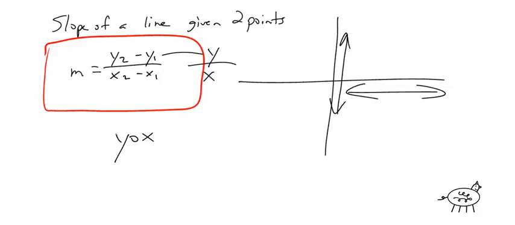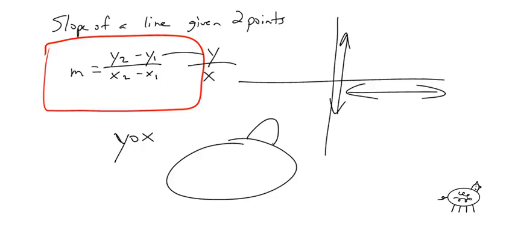And the reason I introduced the yaks is because kids back in the day always like to do x over y, because they say, well, x comes before y, so why don't we just do x over y? And that's wrong. It's got to be the y over x, because the rise is the y and the run is the x.